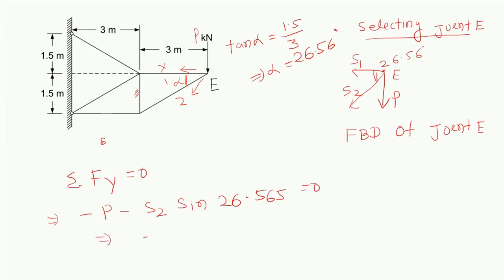So you are going to find out S2 is equal to minus P into 2.236. Here our assumed direction is tensile, but the result is coming in the negative direction.